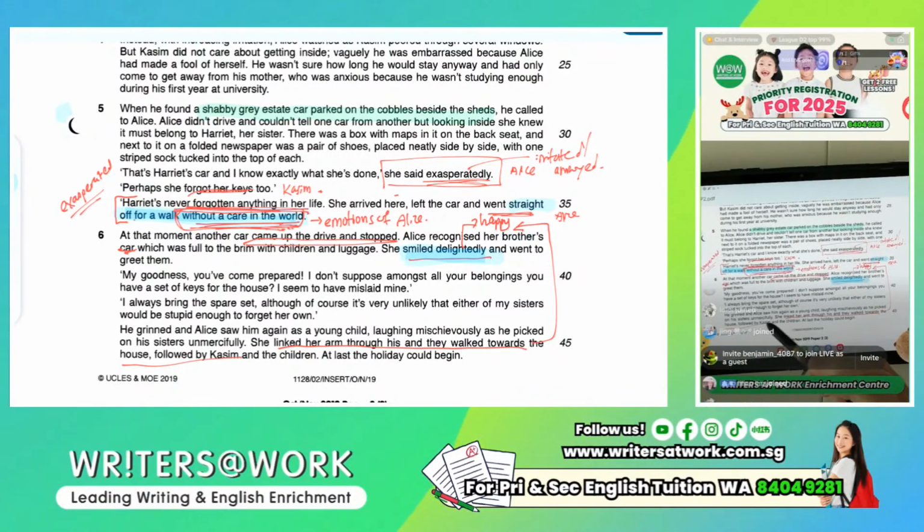After that, laughing, he linked her arm through his, and they walked towards the house, followed by Kasim. So these two actions already show that Alice was excited, and she's just happy that the family gathering could start because her brother brought the keys, right?